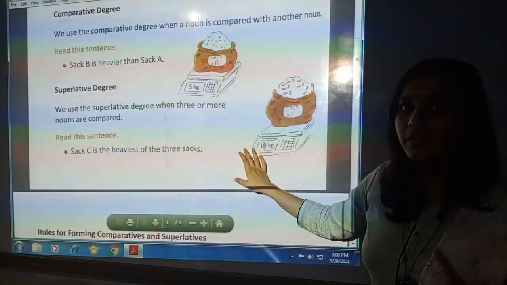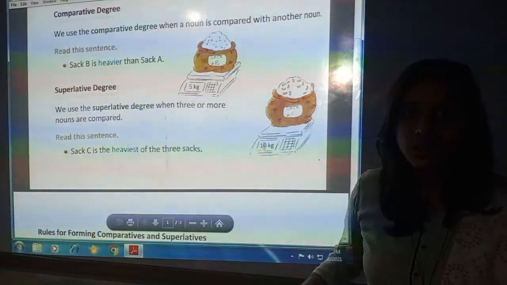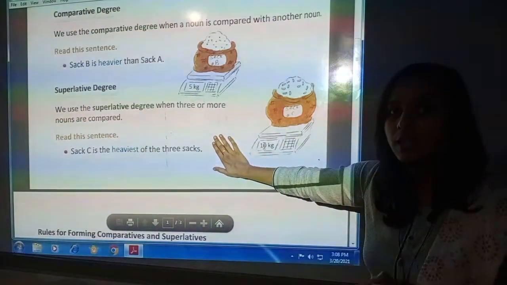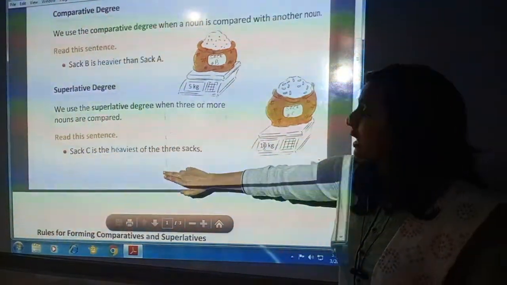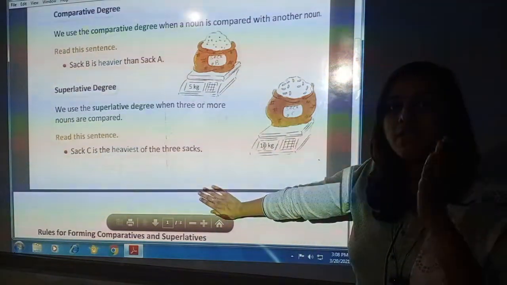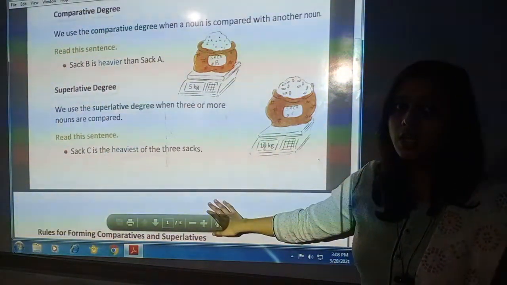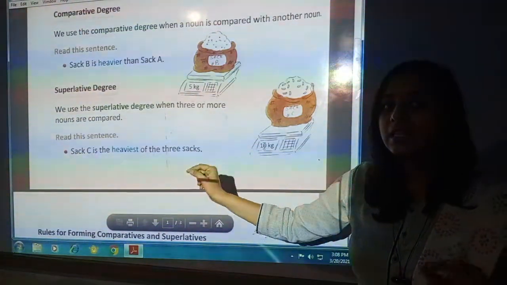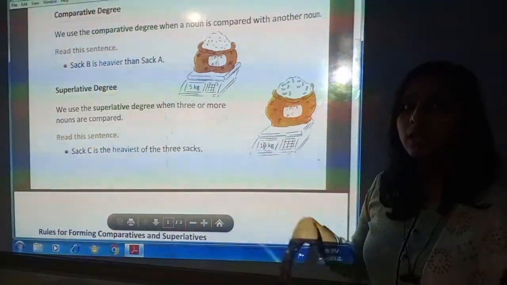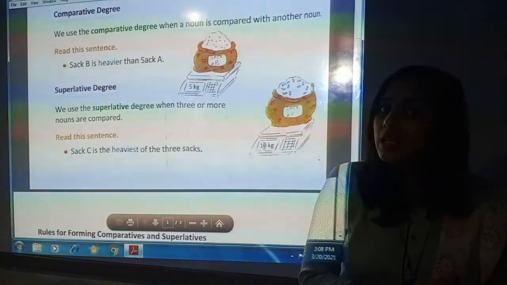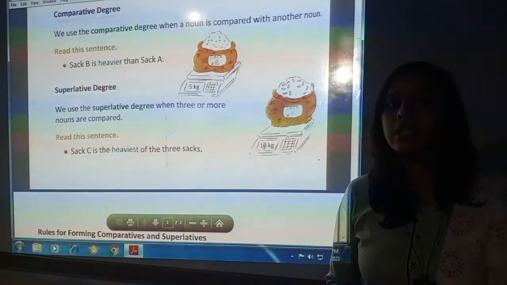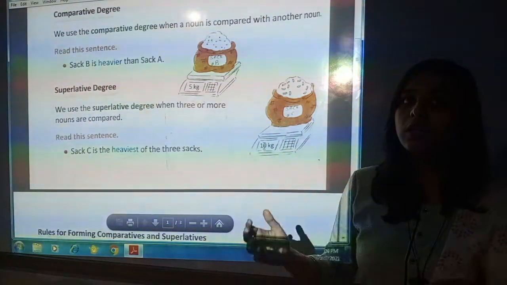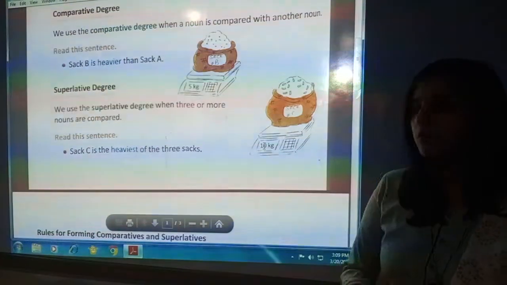When you use comparative degree, the form of the adjective will change. And in superlative degree also, the form of the adjective has been changed. How? Heavy has been changed, Y is removed, and instead of that IEST has been placed. So in that way, when you use degrees, the form of the adjective changes. Now how that adjective will be changed according to the degree, we are going to see in detail.